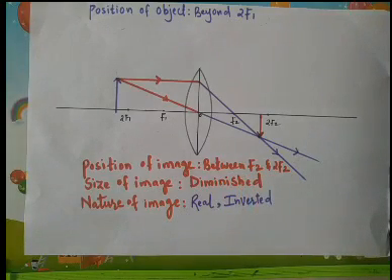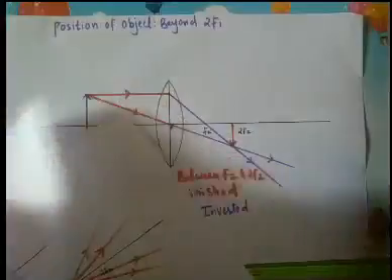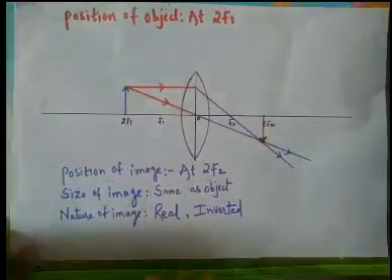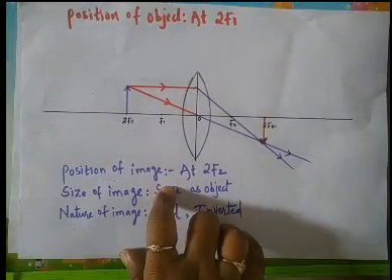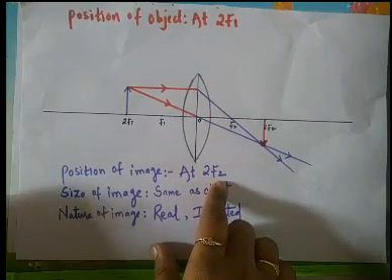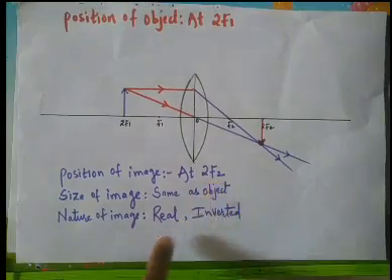Then after that we had kept an object exactly at 2f1. This is the image when the object is kept at 2f1. The image was forming exactly at 2f2 and of the same size as the object.